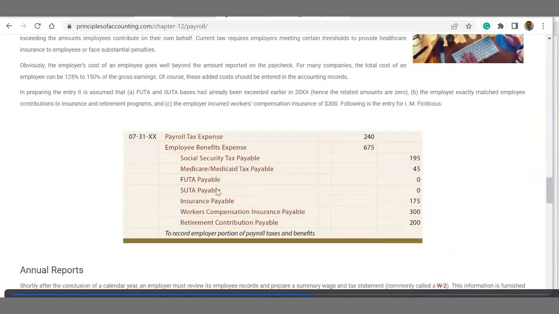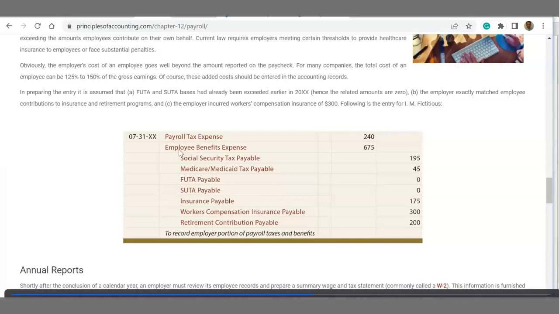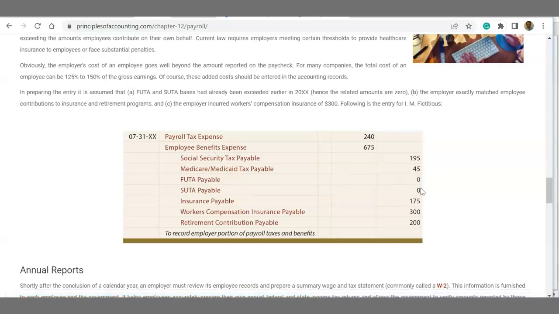So those are the benefits in regards to having employees that the company has to pay. So it's employee benefit expense: FUTA, no here, insurance payable, workers' compensation, and retirement.